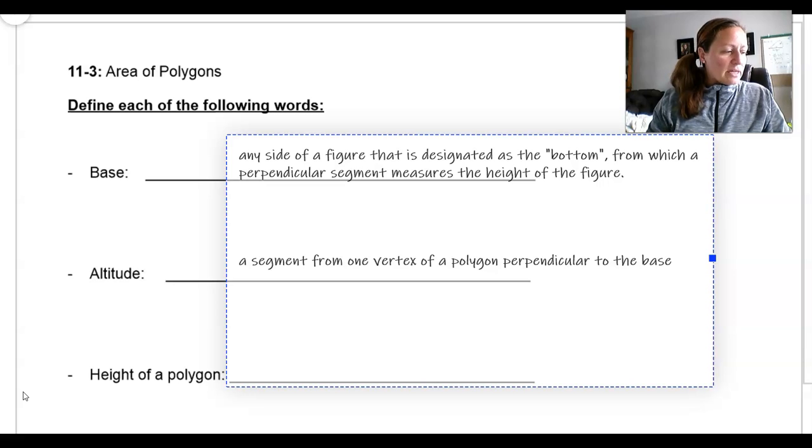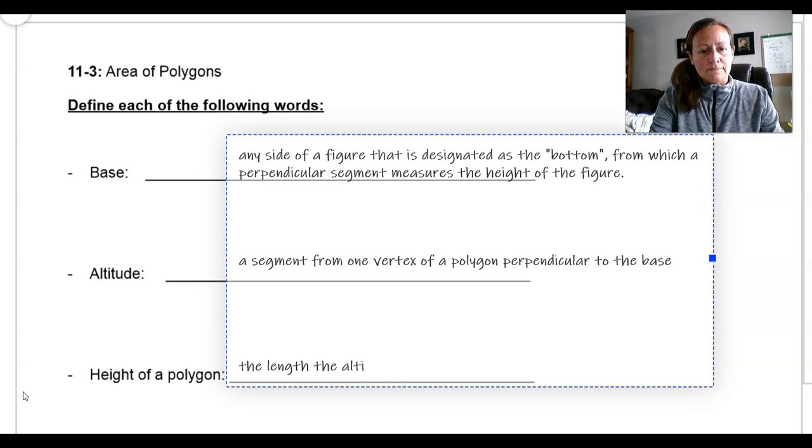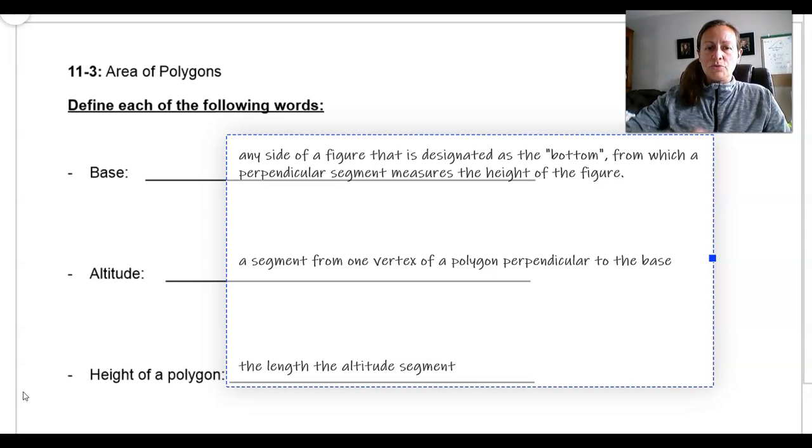The height of a polygon is basically the length of that altitude segment. How far is it from the base along a perpendicular segment up to the highest point opposite of that base? That's the height, that's the altitude. They almost go hand in hand. The height is the length of that altitude segment.